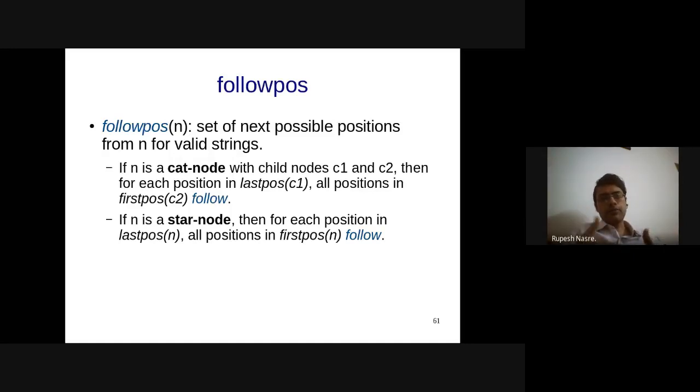That is what we want in the transition diagram. Now for that we are defining follow pos in a slightly different way in this syntax tree context: for each of these nodes, if it is a cat node of C1 and C2, that means for each last position, that is the last character in C1, the first character in C2 is going to follow.